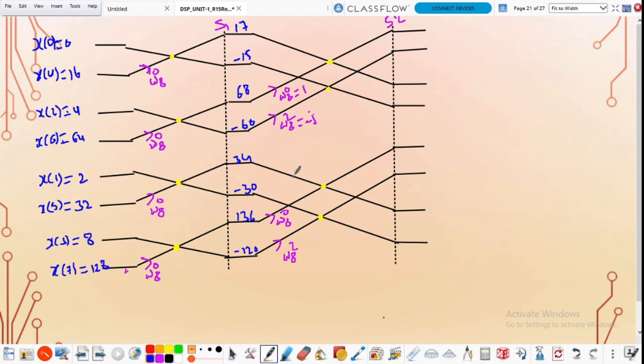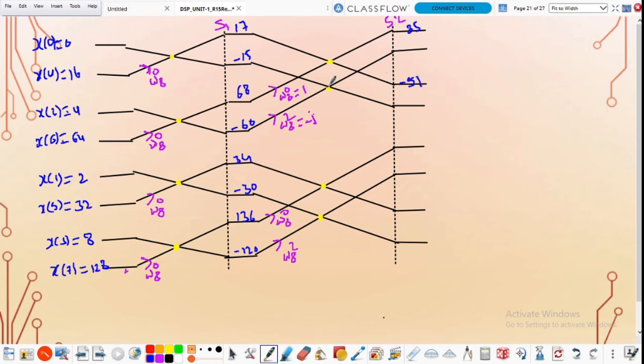So this output value is 85 and this output value is minus 51.